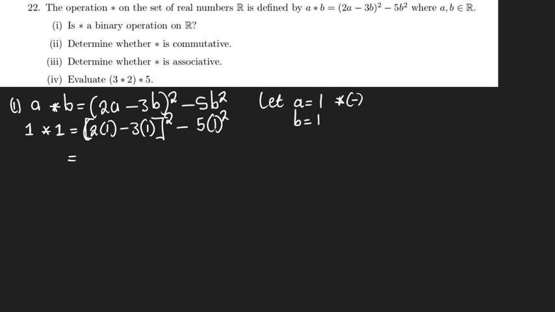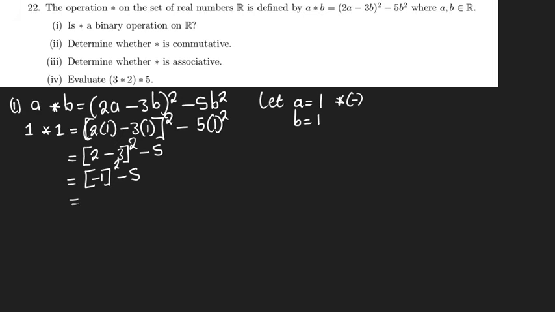Notice that what I am going to get here is a 2 minus 3 to the power 2 minus 5. So here I'm getting a negative 1 power 2 minus 5.